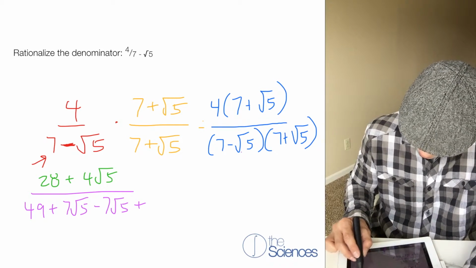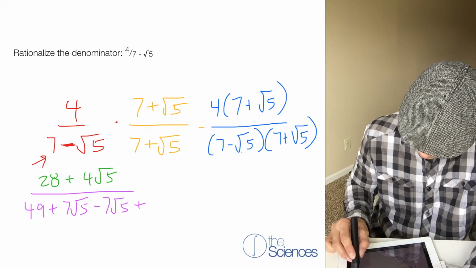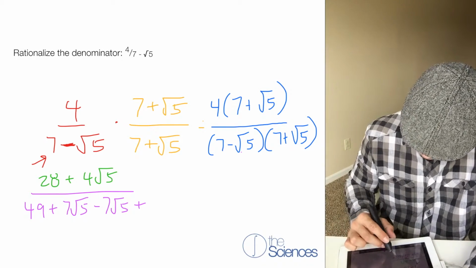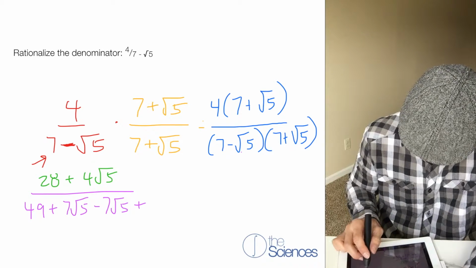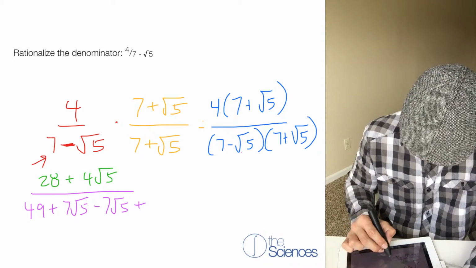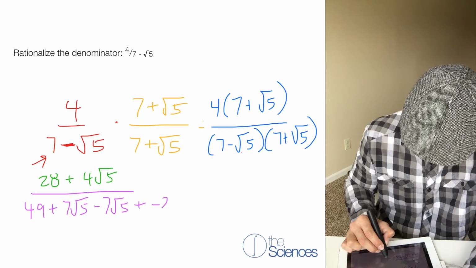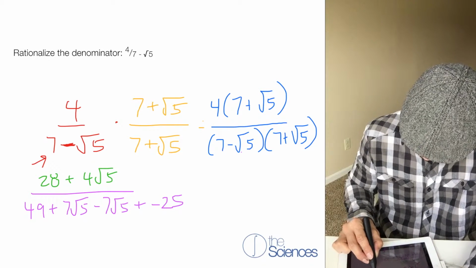plus the square root of 5 squared, which is 25, but it'd be negative because we have a negative square root.